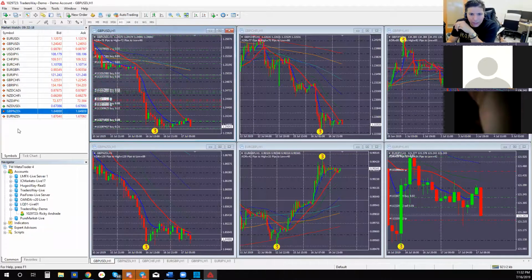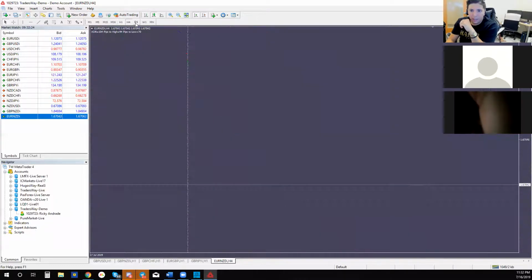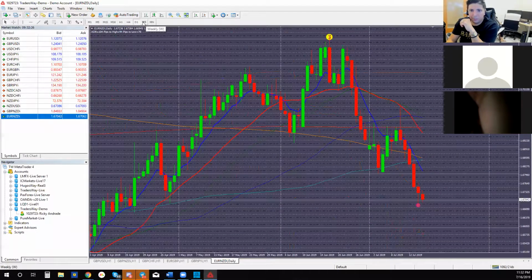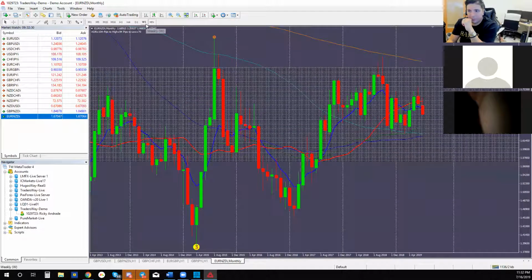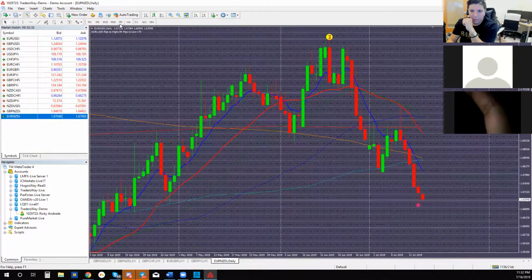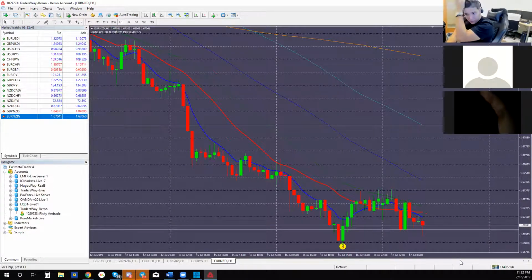Euro NZD, bring that onto my chart. Showing the three. Overall, it's on a downtrend. With Euro NZD, there's nothing that I see as far as a breakout. Normally, I like looking at major market patterns to catch a breakout.